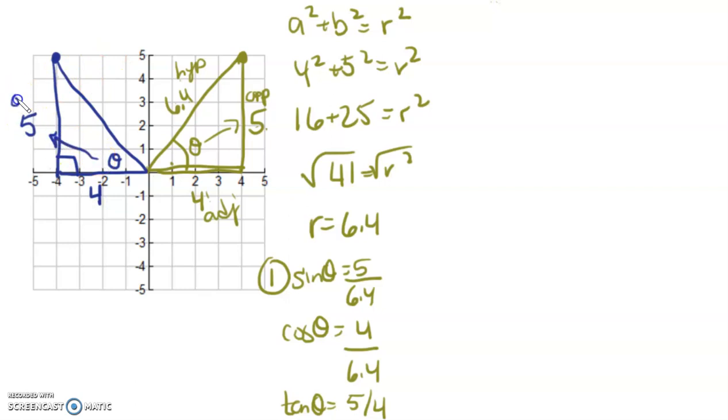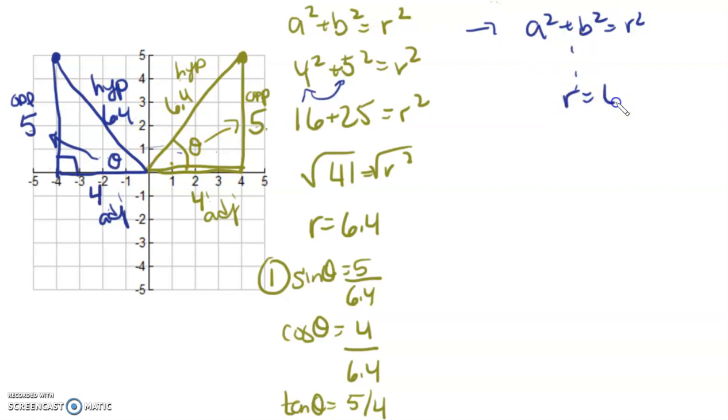Okay, this is opposite. This is adjacent. This is hypotenuse. Here's the thing. If we plug the 5 and the 4 into the radius formula, which is just Pythagorean's theorem, well, 5 and 4 are the same thing. These two are going to be equivalent. So I'm going to skip these steps, we're going to have a radius of 6.4.